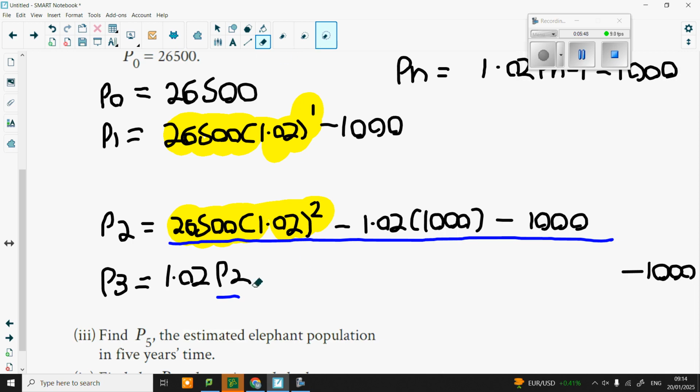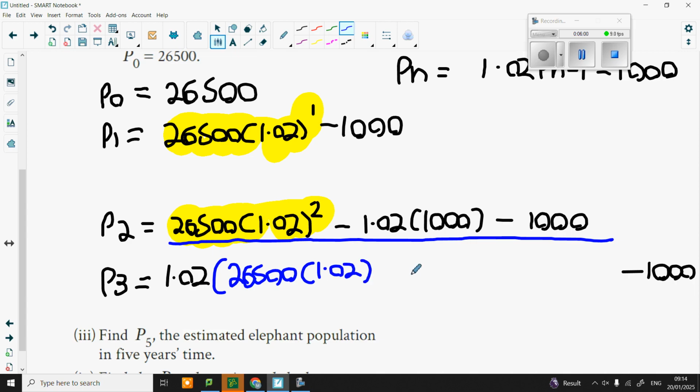So here's what we're going to do now. We're going to do 26,500 times 1.02 squared, minus 1.02 times 1,000, and then 1.02 times 1,000 minus 1,000. Stop. Now, see this 1.02 on the outside?